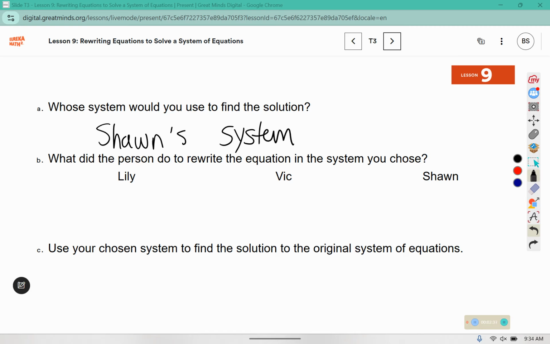What did the person do to rewrite the equation in the system you chose? Well, let's look at how they redid all of them. Lily multiplied the whole top equation by 5/2.